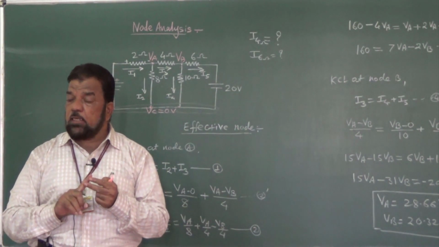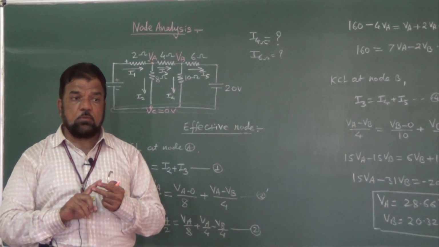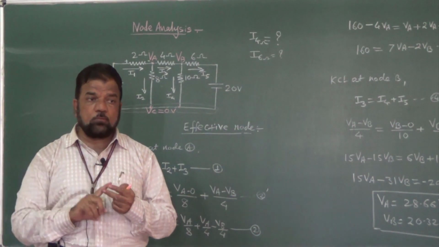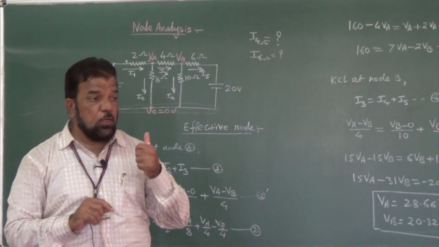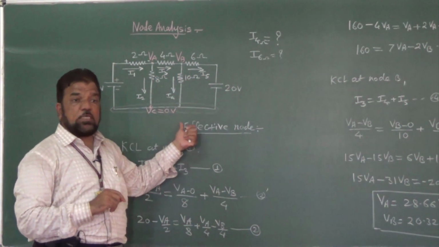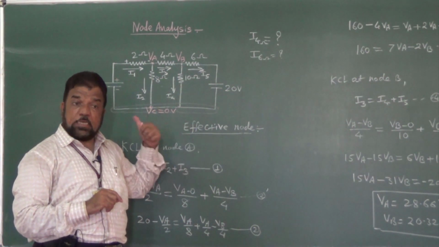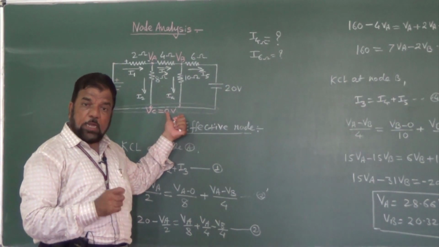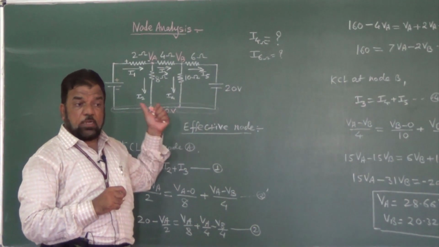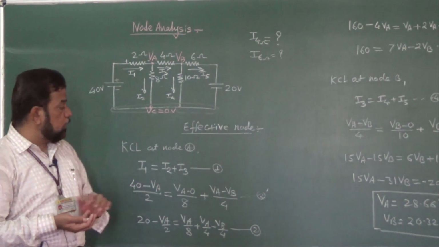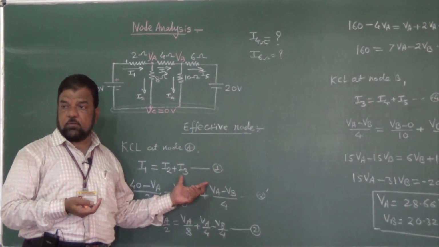Then we have to mark the effective nodes. Let us mark them as A, B, C, and so on. The next step is to assume the nodal voltages like VA, VB, VC, and so on. In the next step, treat one node at a reference potential of 0 volt. For the remaining nodes, write the KCL equations, as we did.